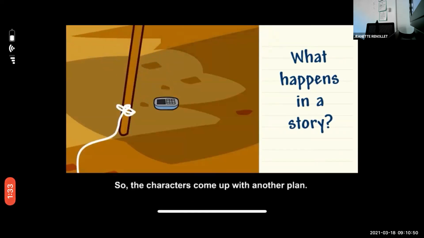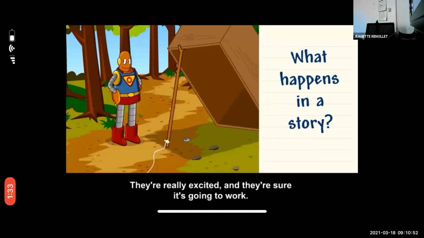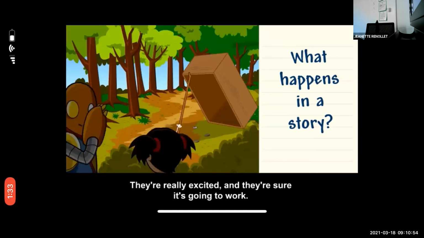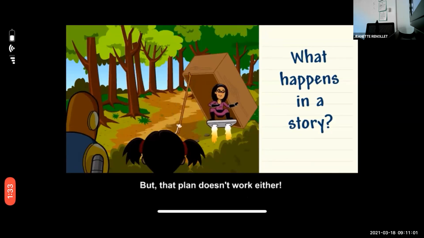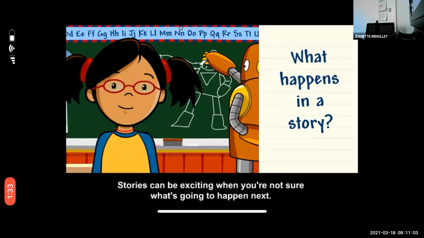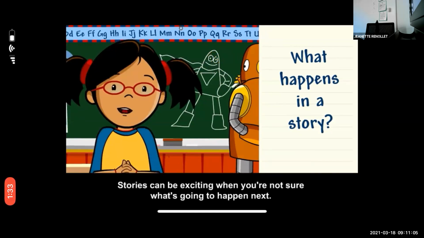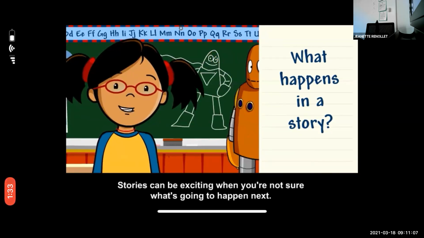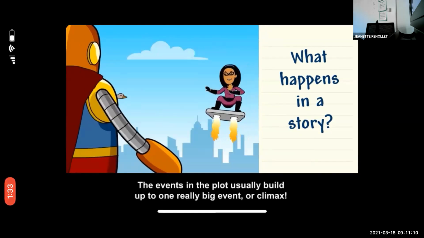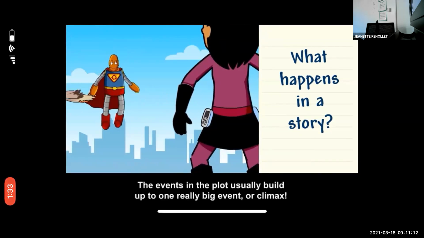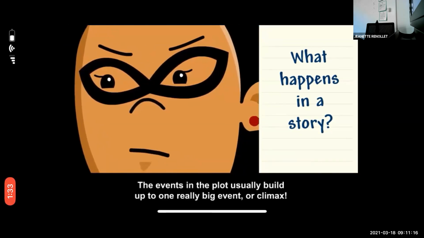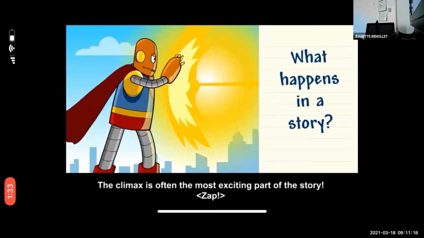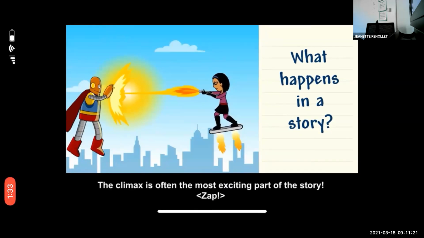So the characters come up with another plan. They're really excited, and they're sure it's going to work. But that plan doesn't work either. Stories can be exciting when you're not sure what's going to happen next. The events in the plot usually build up to one really big event, or climax. The climax is often the most exciting part of the story.